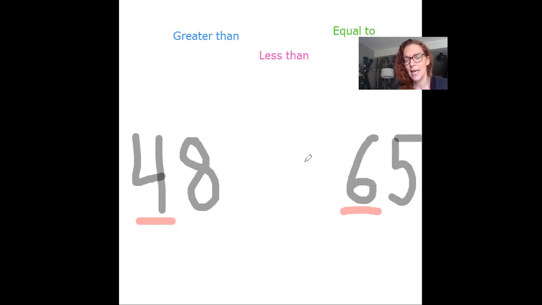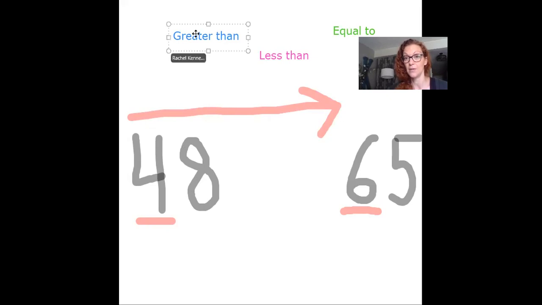So when we say it, we have to look and see, because just like reading, we start on this side and we go this direction. So we need to be able to read 48, is it greater than or less than 65? I want you to write it in. Are you going to write greater than? 48 is greater than 65?